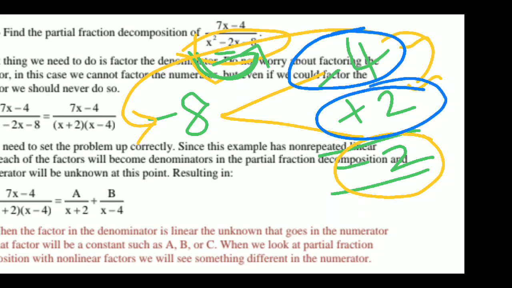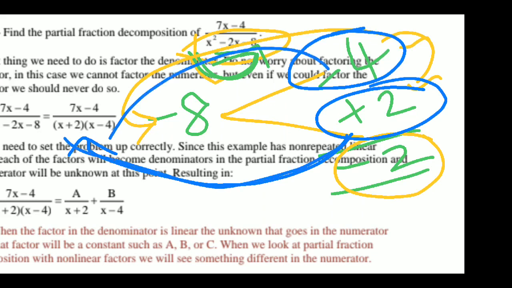These two factors you have to put in the denominator on the right hand side, as you have taken in the notes as shown here. (7x minus 4) divided by (x plus 2) here, (x minus 4) here. So now you solve as we have solved the previous method problems.